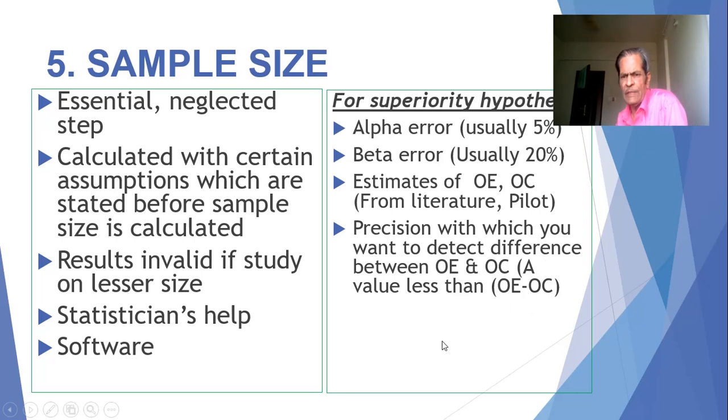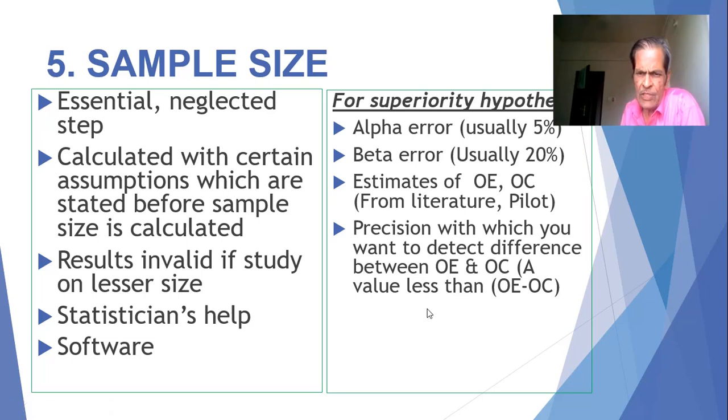Suppose the estimate of the outcome in the experimental group is say 80%, and the outcome in the control group is say 75%, and in fact that's why you want to take a phase 3 trial. So the difference in the outcome in the experimental group is 5%. So the precision level has to be less than 5%. The precision that is set up must be less than 5%.